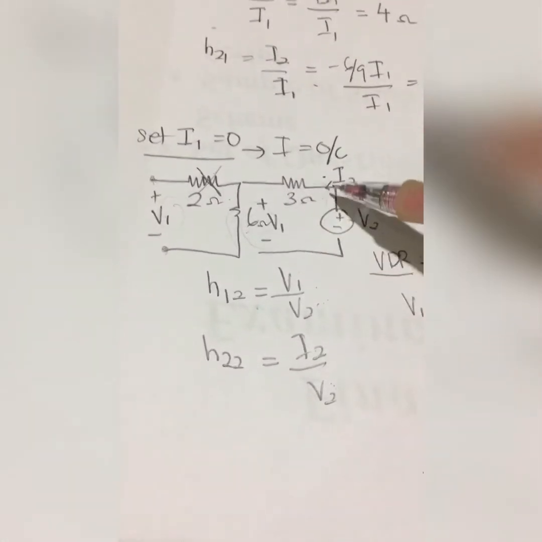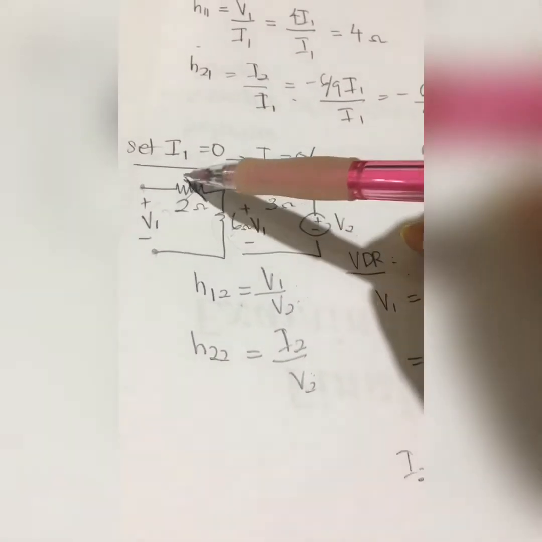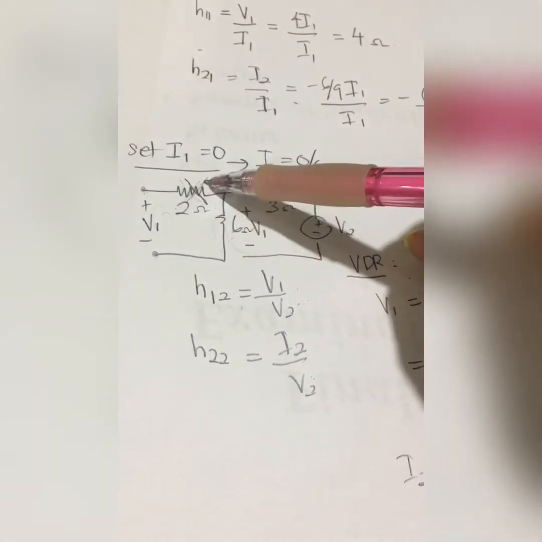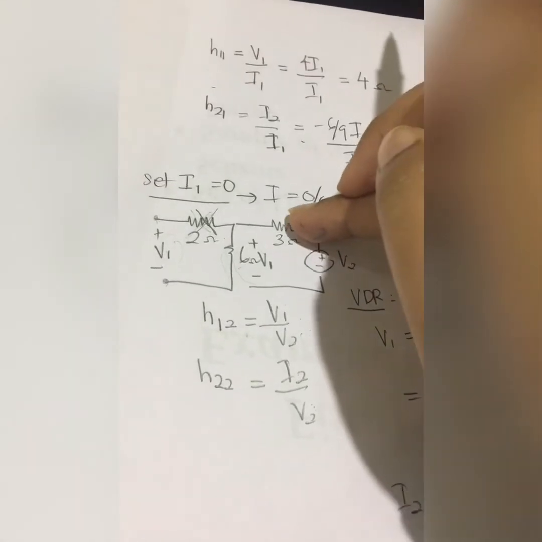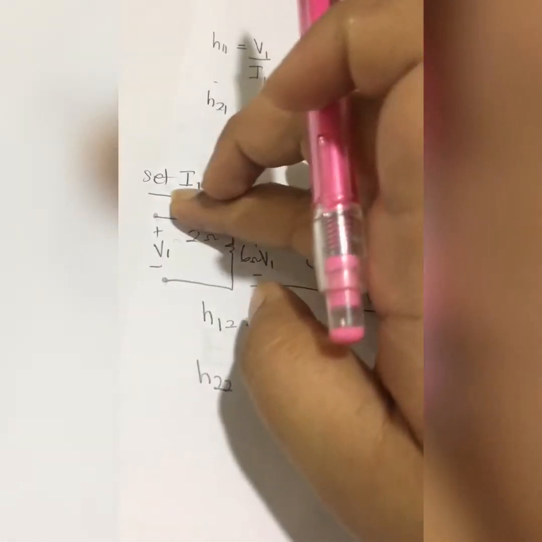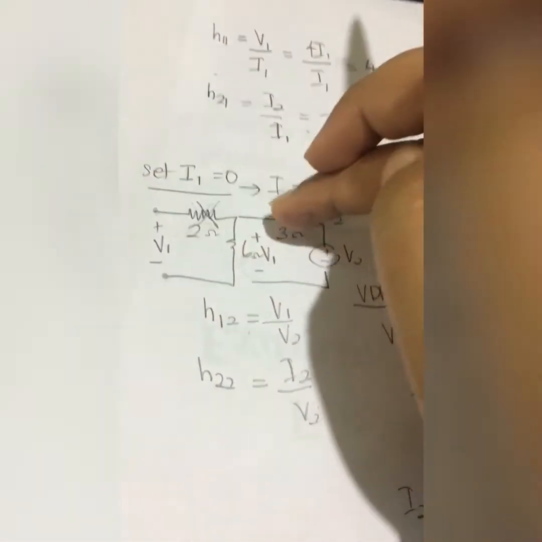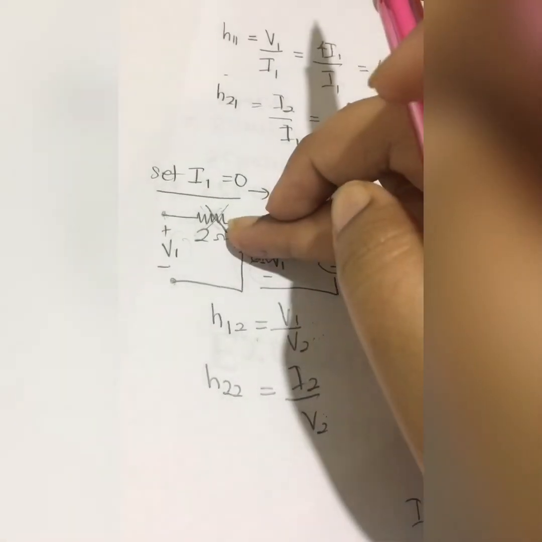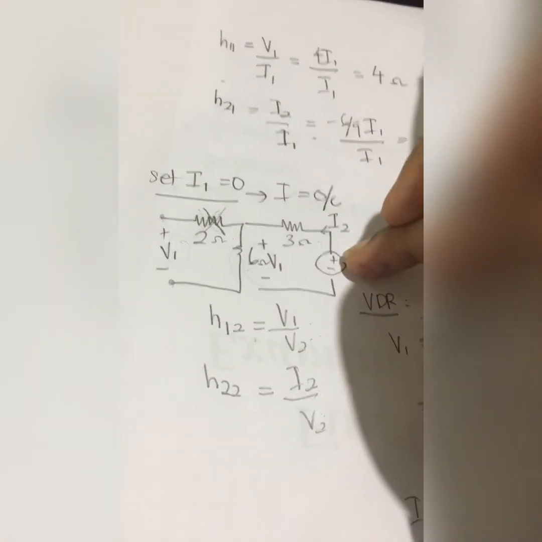So next step, we need to calculate what is I2 in terms of V2. So basically we don't have this resistor, since this is open circuit, so current flow from the source will not pass through this branch, so it will directly flow here to here.